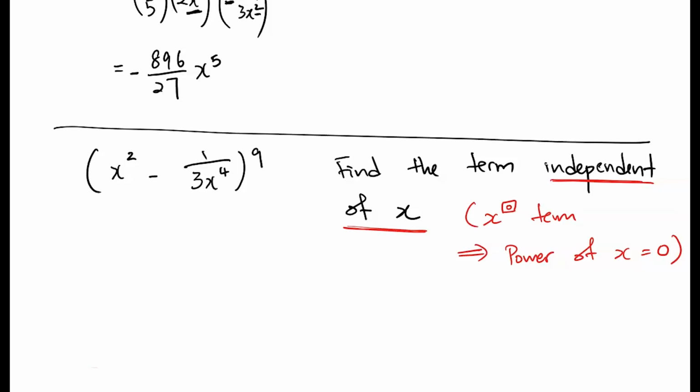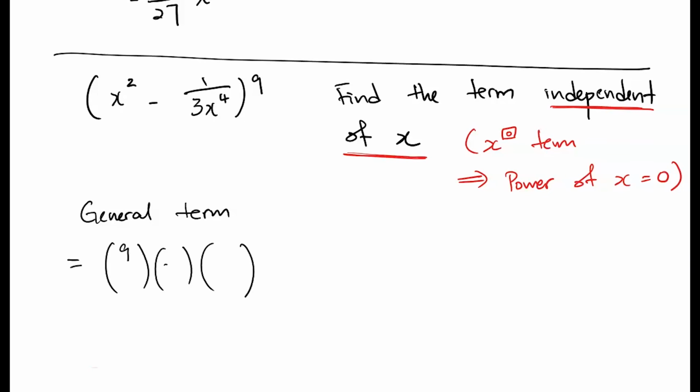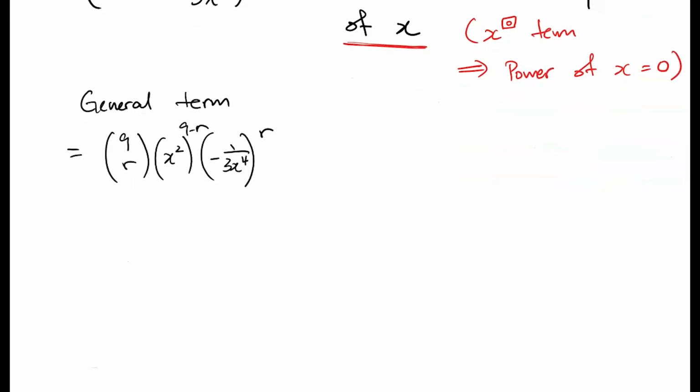So with that, let us write down our general term. 9 choose r, (x^2) to the power of 9 − r, times (−1/(3x^4)) to the power of r. Let us extract the powers of x. I hope you are more or less familiar with extracting the powers of x by now.